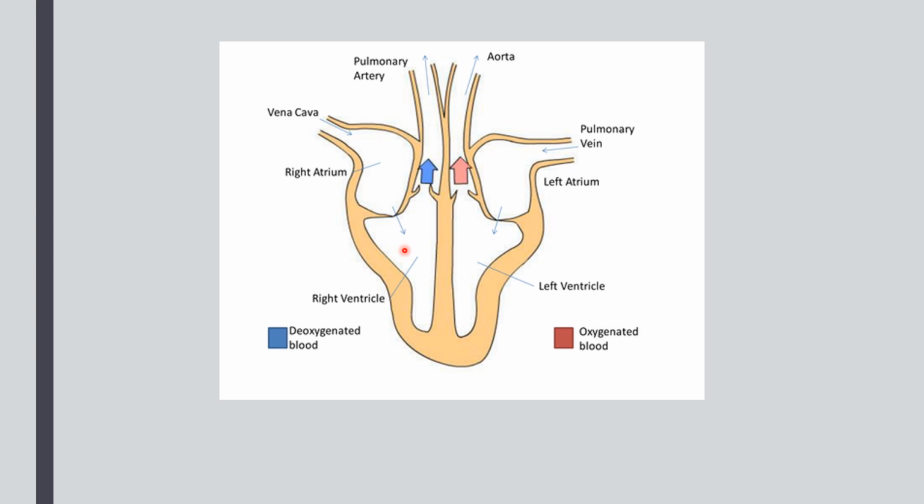The right ventricle has to pump the blood to the lungs for purification. So from the right ventricle the blood will be carried by this particular artery, which is called the pulmonary artery, to the lungs, where the blood will mix with the oxygen and get oxygenated or purified.